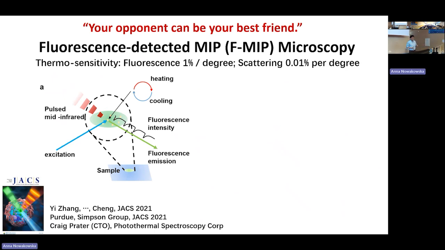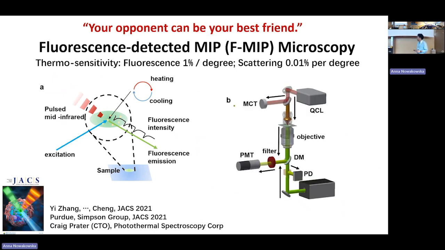It turns out that fluorescence is one of the very sensitive ways to report temperature. Many common dyes, as you may know, like rhodamine, the fluorescent emission will decrease 1% if the temperature rises 1 degree. So now we can use fluorescence as a reporter after pulsed infrared excitation.